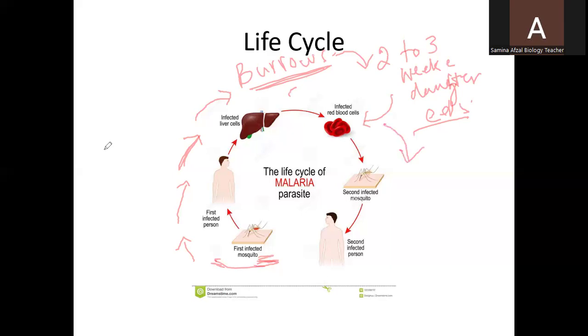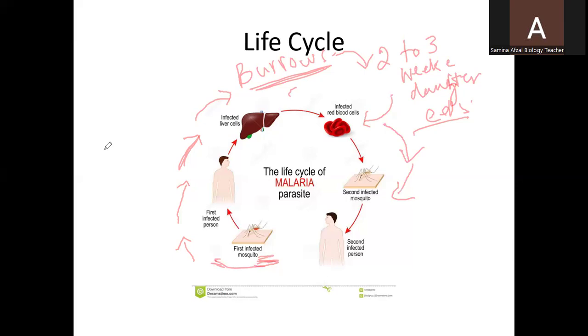If another mosquito bites the person having this severe type of infection, that mosquito will then bite another healthy person. In this way, mosquitoes play their role in spreading the Plasmodium from one infectious person to another healthy person.